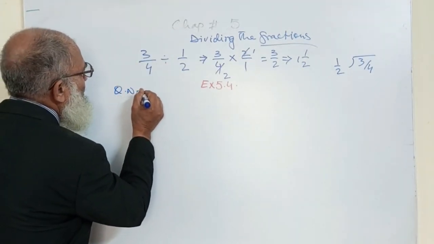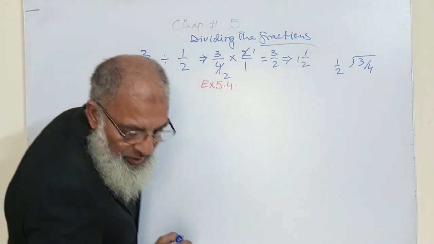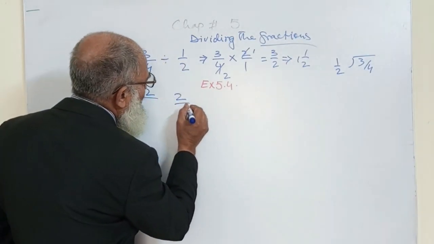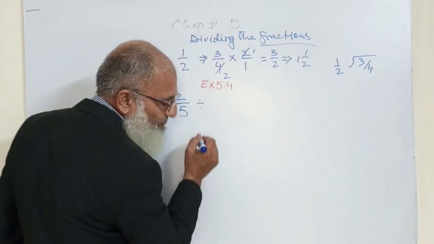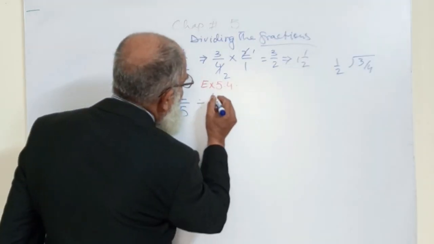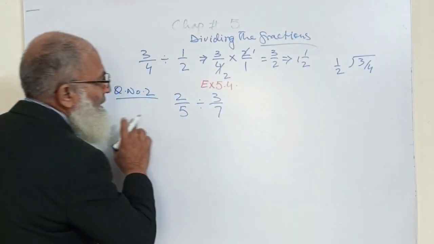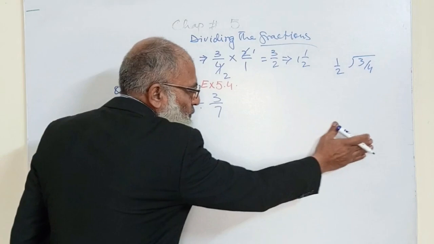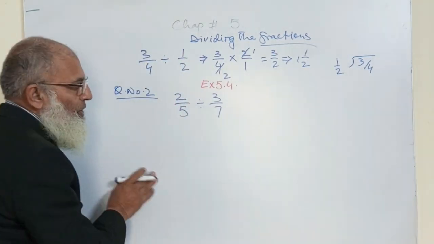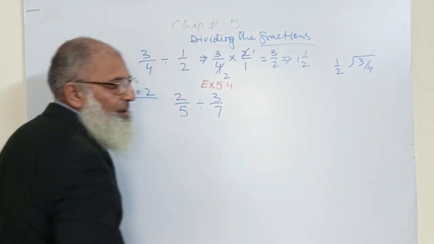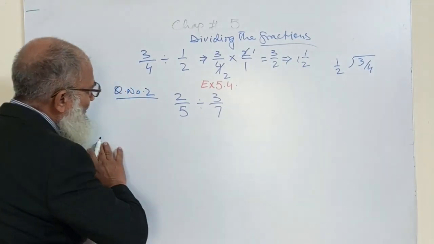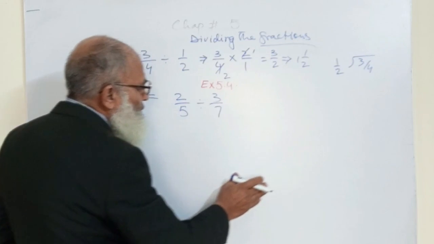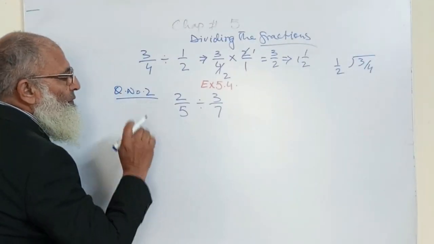Question number 2 is 2 upon 5 divided by 3 upon 7. Now you see that I do questions in landscape form, not in portrait form, because the capacity of the board is in this direction. So I use the maximum space by doing it this way. So you do it this way.